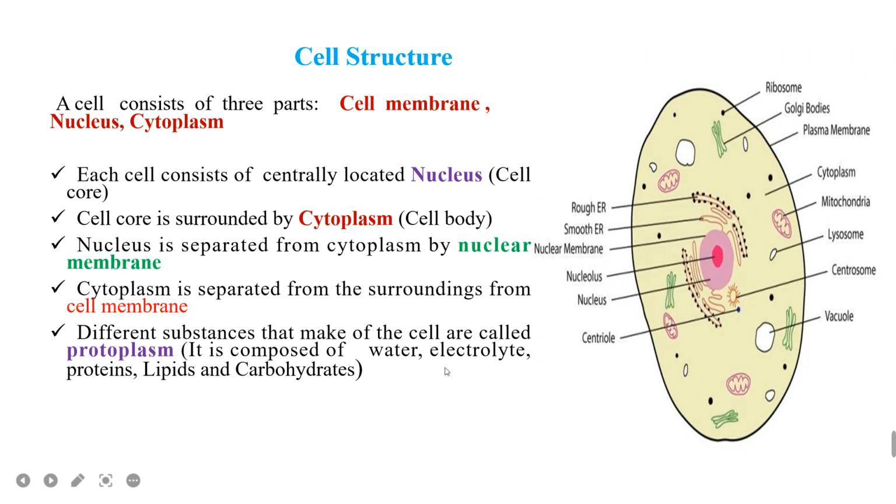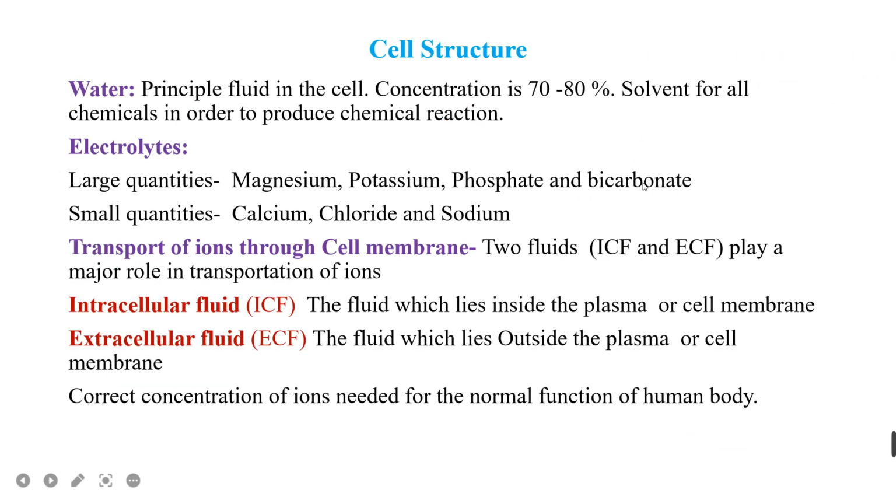The protoplasm consists of water, electrolytes, proteins, lipids, and carbohydrates. Others such as mitochondria, lysosomes, and centrosomes are also present. Here we are going to consider water, electrolytes, proteins, lipids, and carbohydrates.